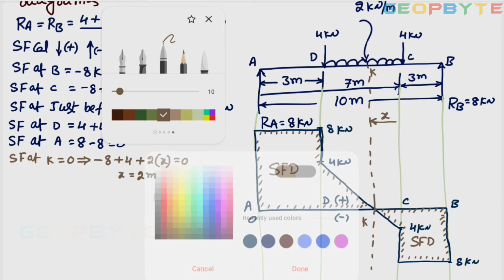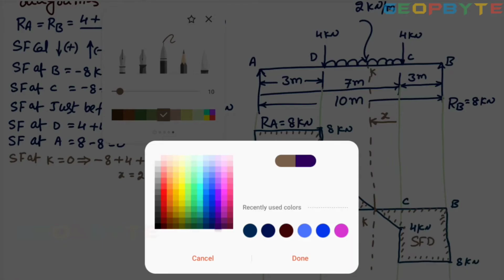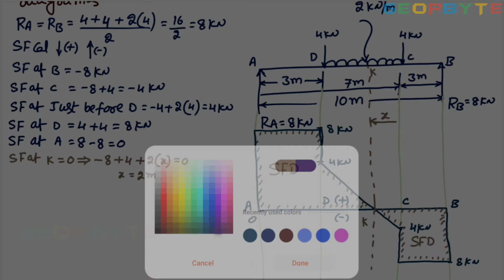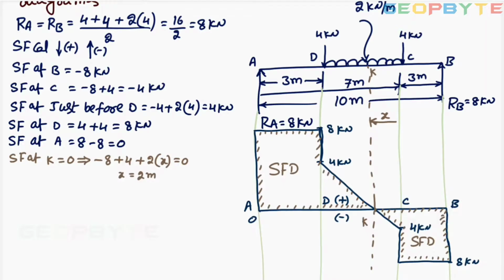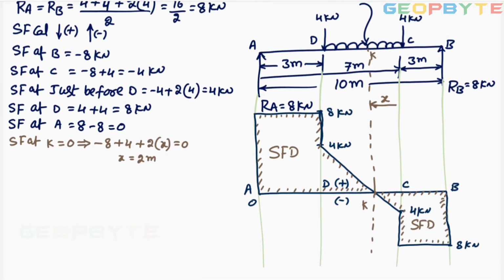Now let us go for the bending moment calculations. Here I should take the clockwise moments as negative, anti-clockwise moments positive.